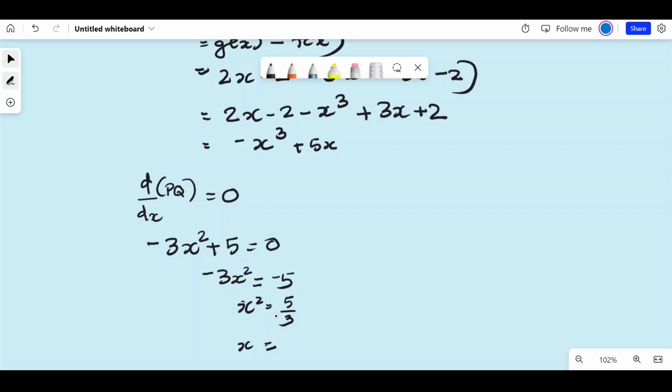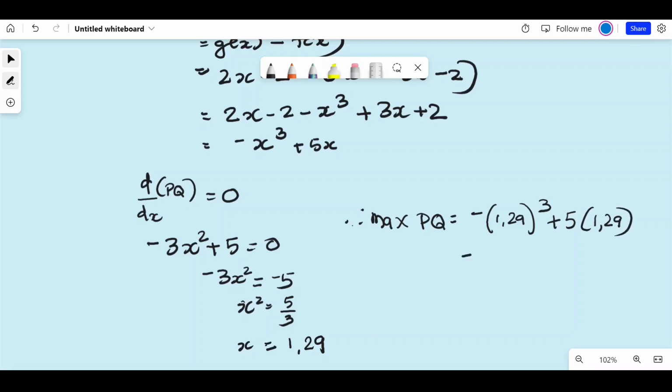Which is equal to 1.29. Therefore, the maximum length of PQ is when x equal to 1.29. So it's negative 1.29 cube plus 5 times 1.29.